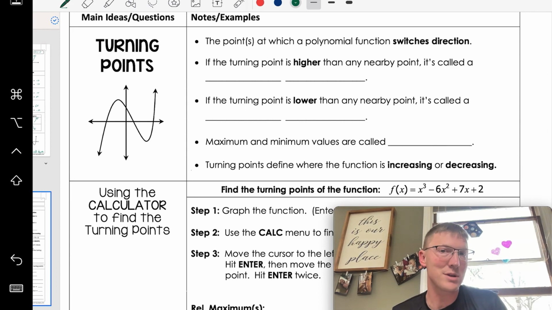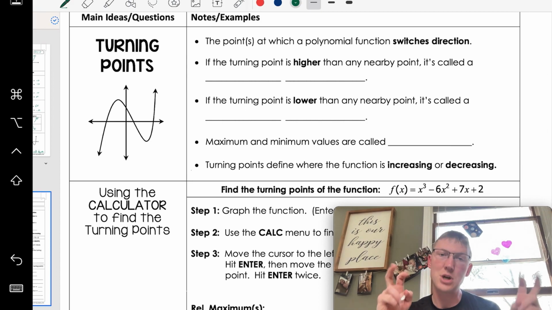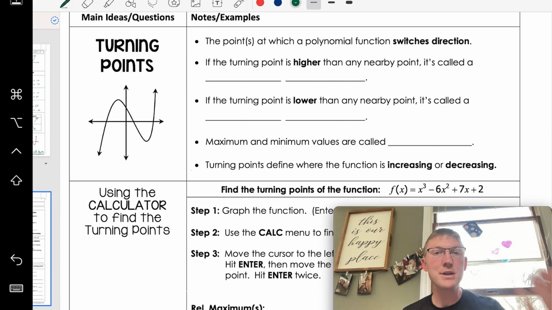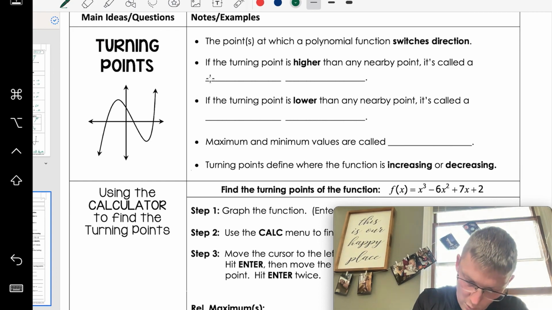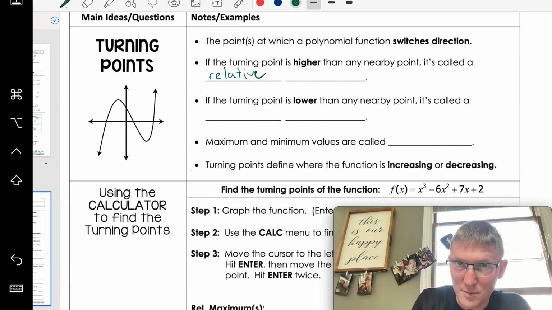When we have a turning point that is higher than any other nearby points, it is called a relative maximum.